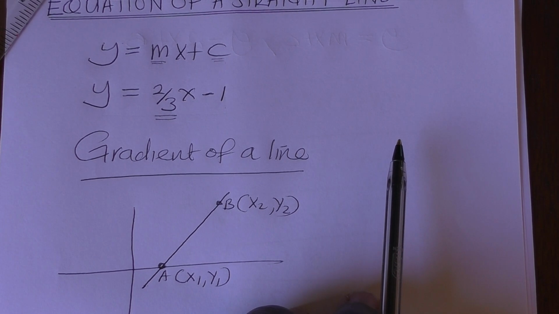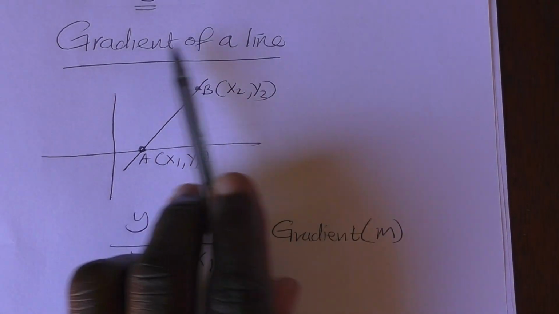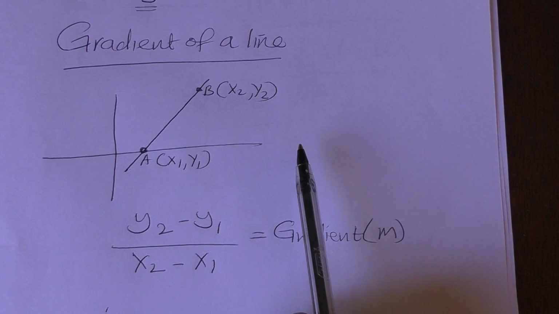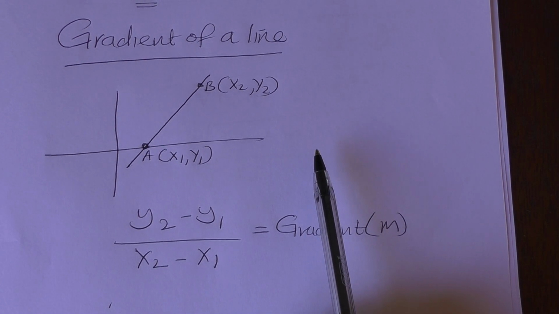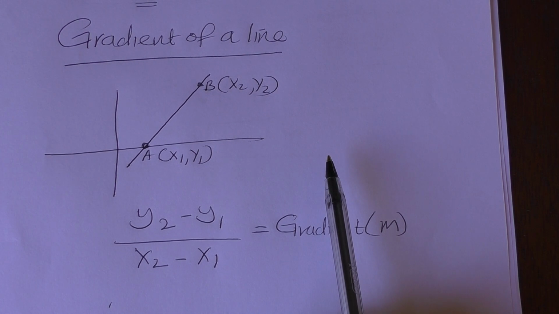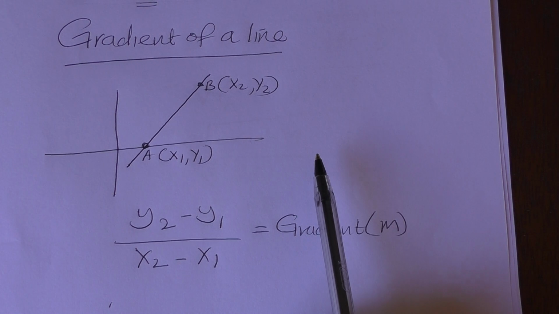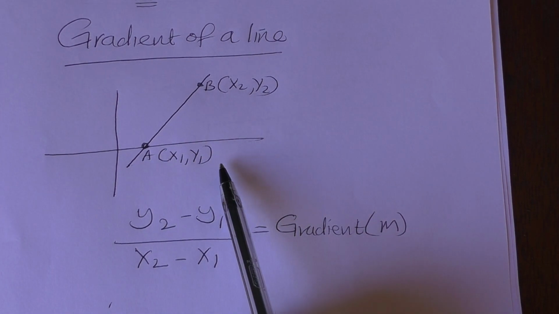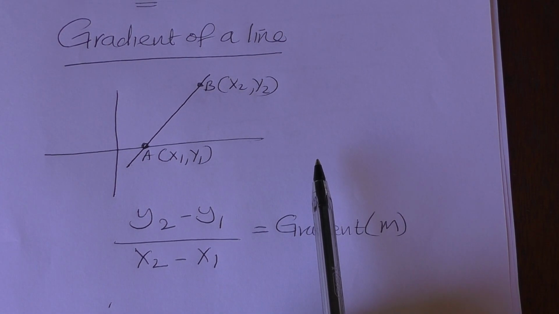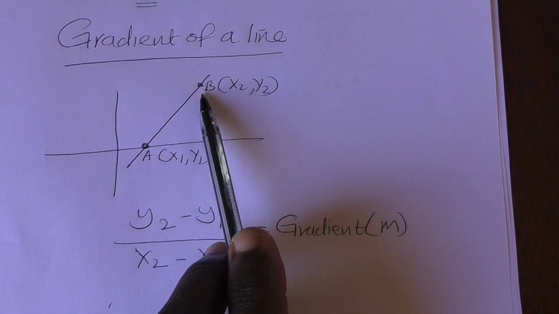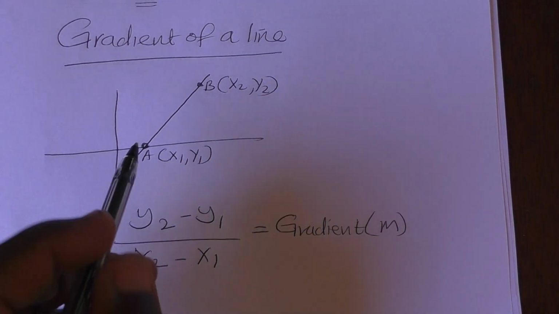How do we get these two? Let us start with the gradient of the line. The gradient of the line is defined as the ratio of the vertical displacement to the horizontal displacement. This is what I mean. If we have 2 points A and B lying on the same line, then we shall get their vertical displacement and the horizontal displacement.